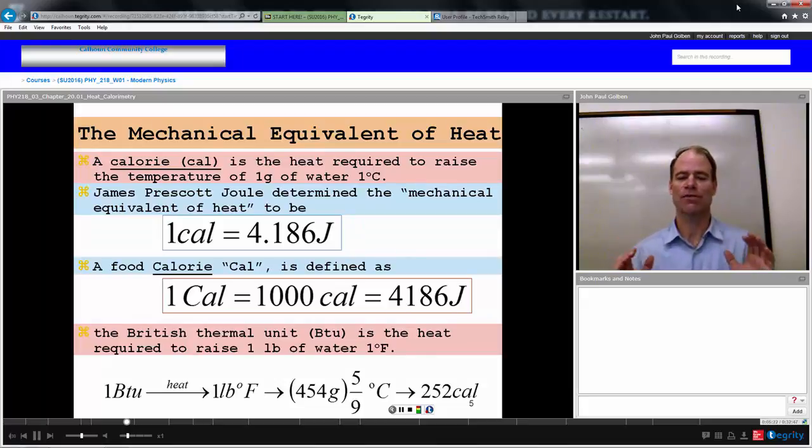So I have 454 grams times 5/9 of a degree Celsius, which translates into 252 calories. So 1 BTU is 252 calories, or we can think of 1,000 calories as corresponding to approximately 4 BTUs.